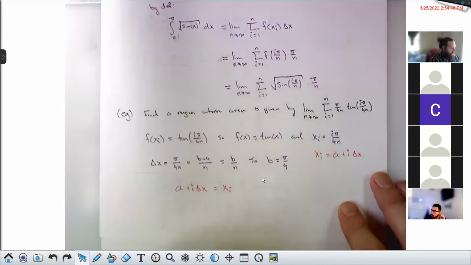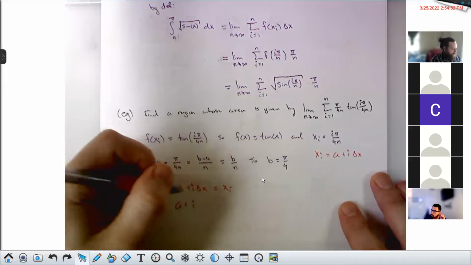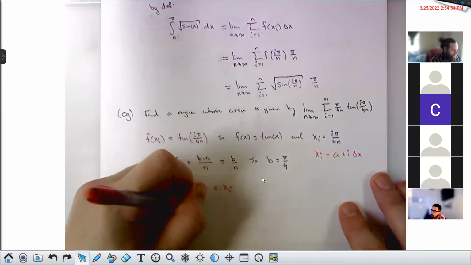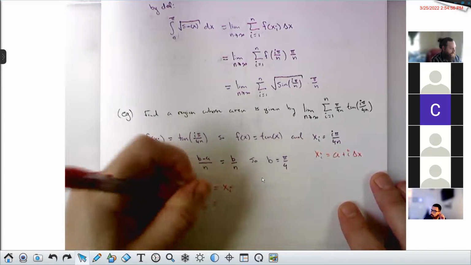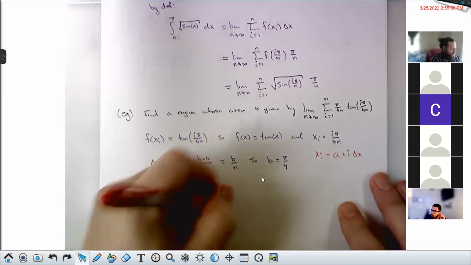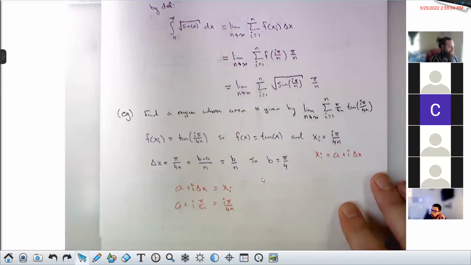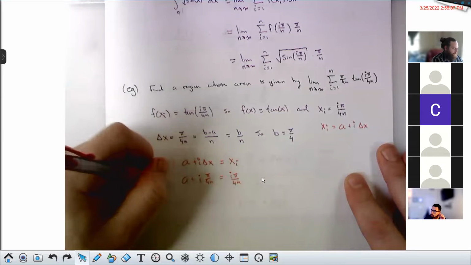I know what delta x is. It's pi over 4n. And I know that the xi are just the things inside the function. So that's I pi over 4n. So just kind of plugging in here all the things I know.